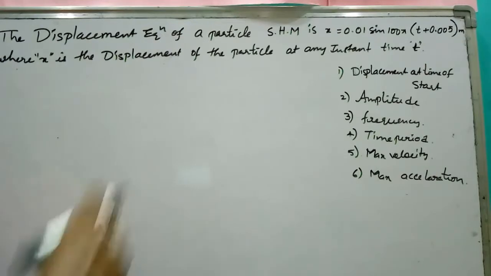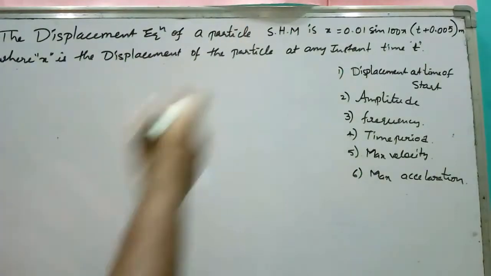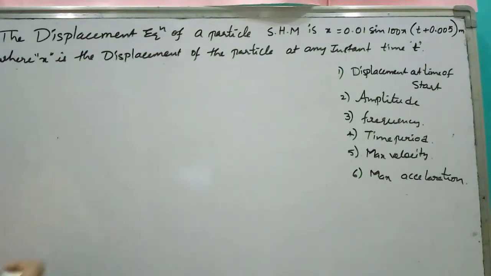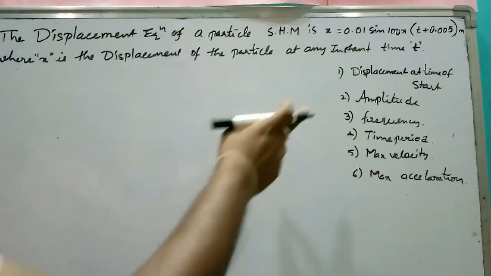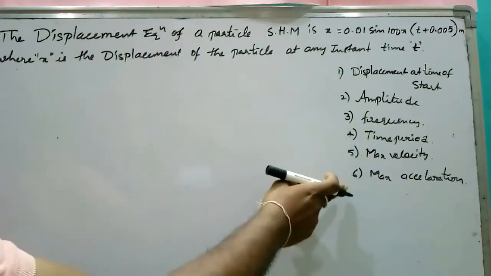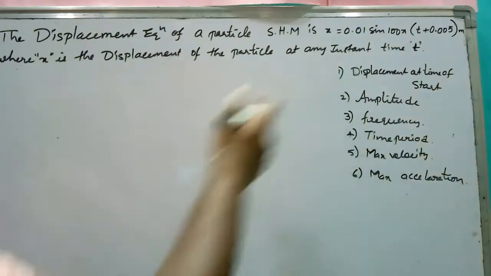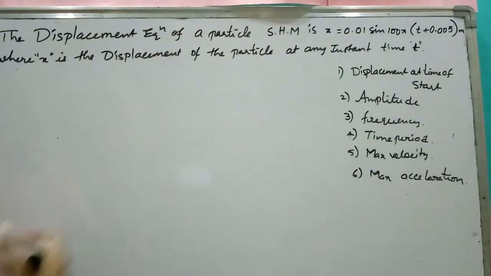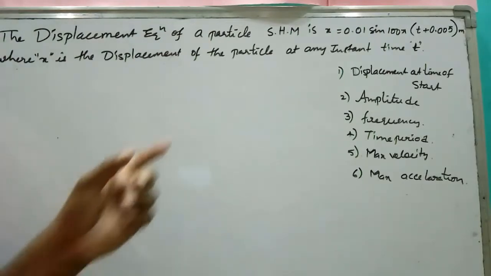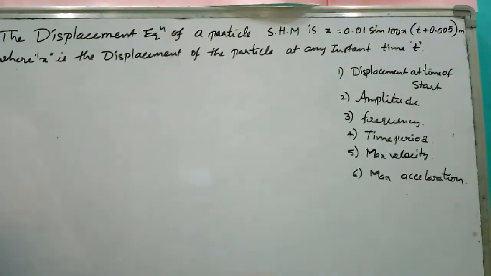Based on this displacement formula, we can calculate the displacement at the time of start, amplitude, frequency, time period, maximum velocity and maximum acceleration. Let us see how we can solve these from the given question.